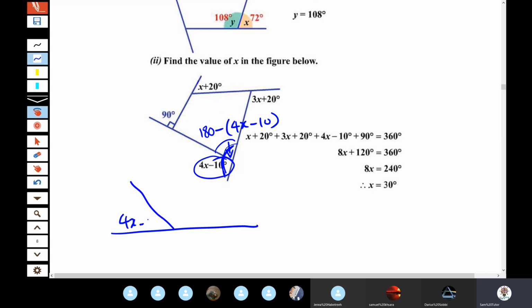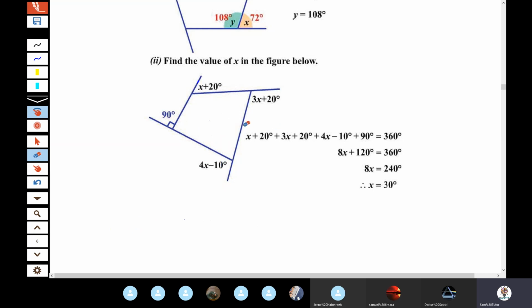This bit here is 4x take away 10. You want to find this angle. It will be 180 minus whatever this angle is, 4x take away 10. You must see that. It will help you a lot with all your questions if you can see your straight lines.